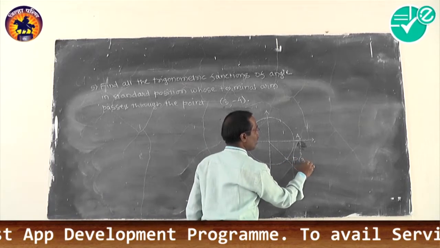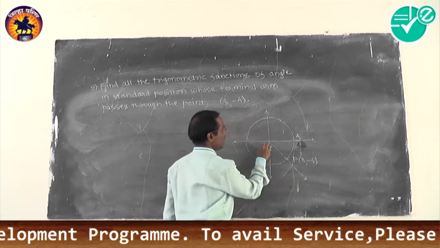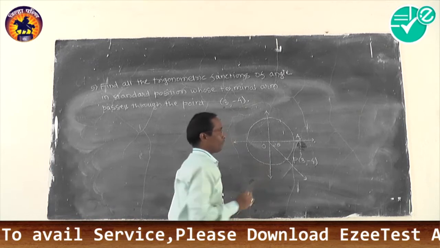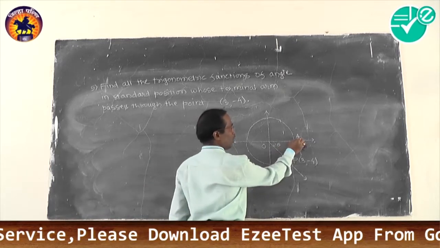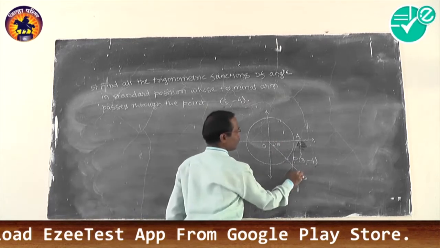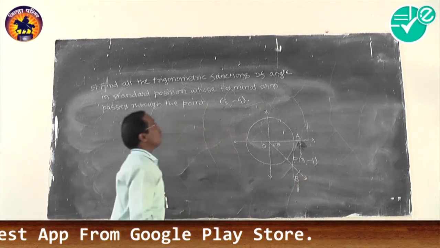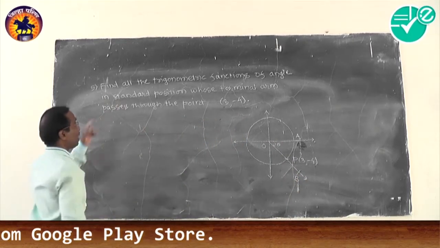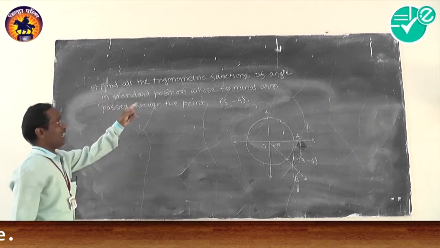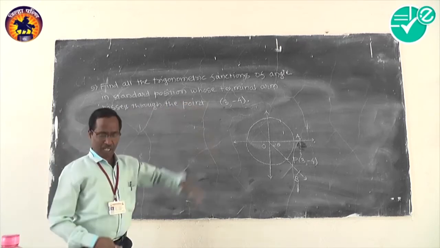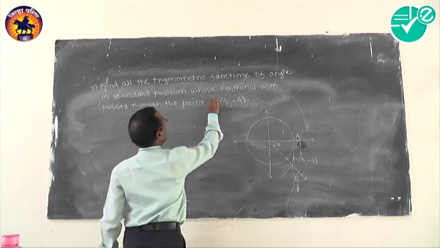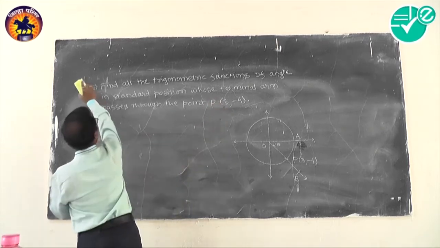P is 3 comma minus 4, this is O, and the measure of angle AOP is theta. Now let theta be the angle in standard position whose terminal arm passes through the point P 3 comma minus 4.